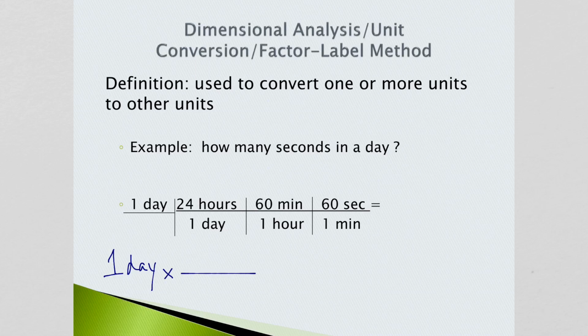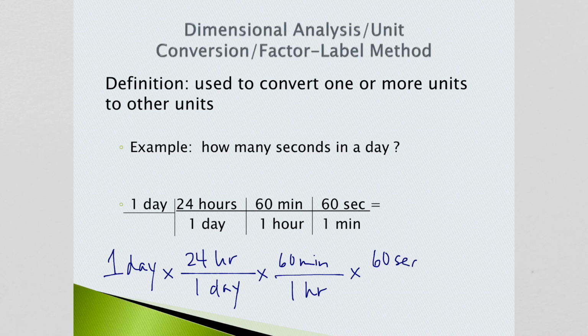And so you'd write 1 day times 24 hours over 1 day times 60 minutes, again over 1 hour, times 60 seconds over 1 minute. And both of these are essentially the same thing. It's just two different styles, the picket fence method or writing it as actual fractions.